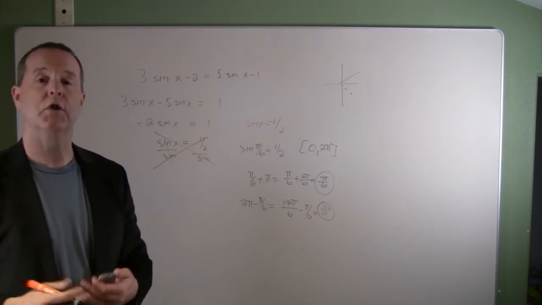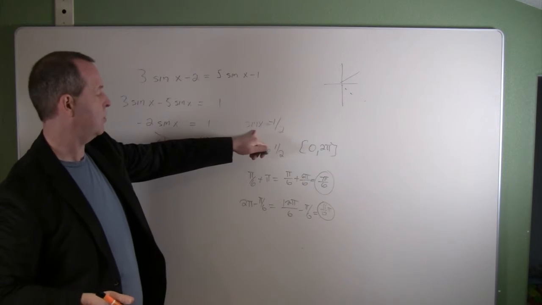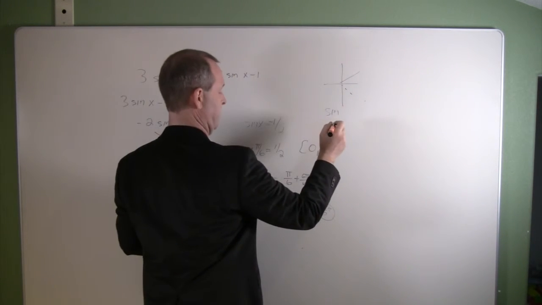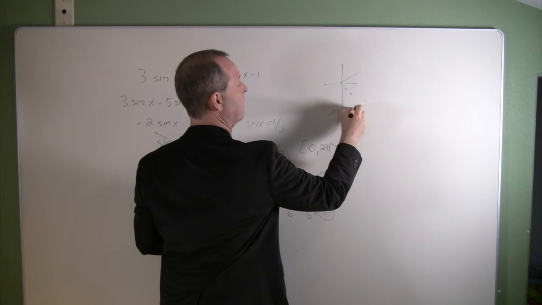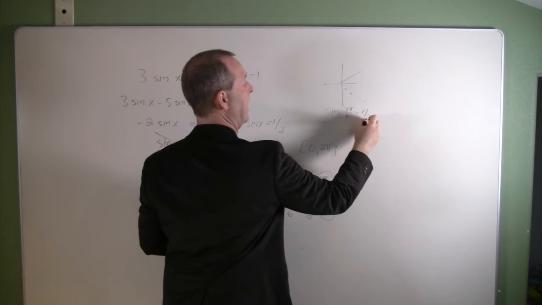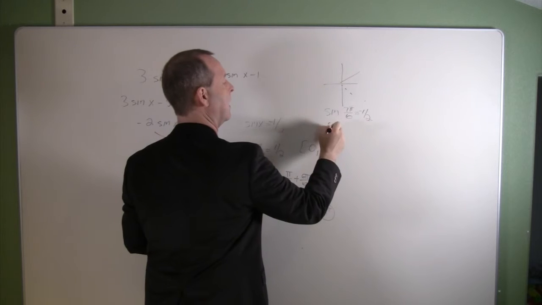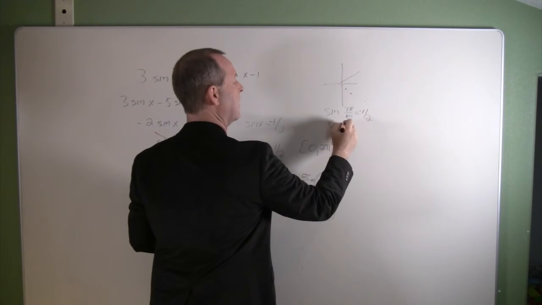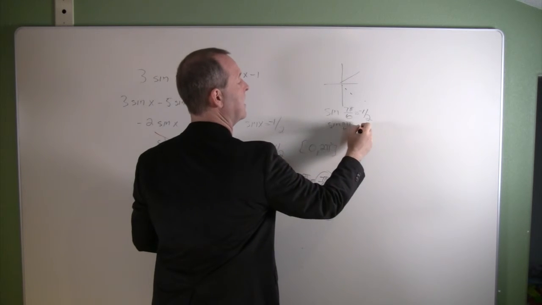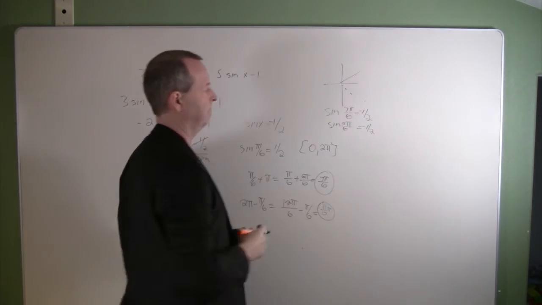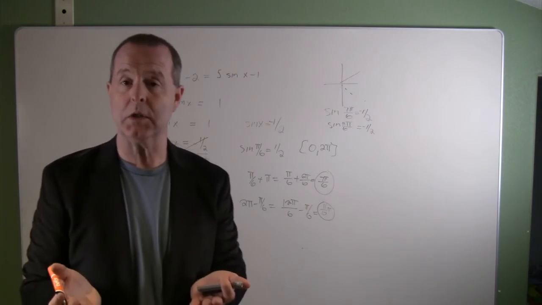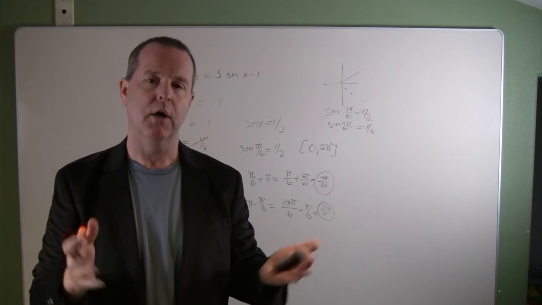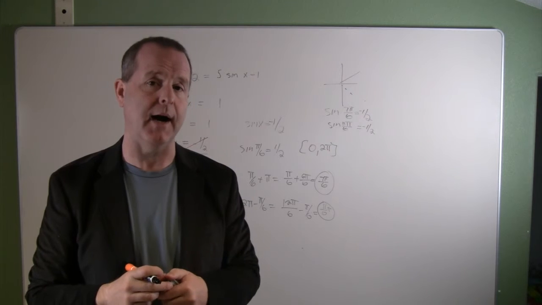So there are the 2 solutions that make this true: the sine of 7 pi over 6 equals negative 1/2, and the sine of 11 pi over 6 equals negative 1/2. Those are my 2 solutions within the period 0 to 2 pi.